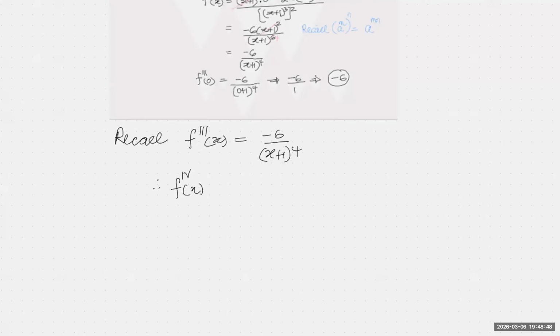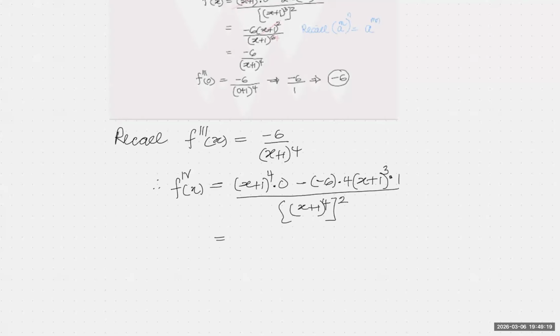So f to the 4th of x is the denominator times the differentiation of the numerator, minus the numerator, our -6, times the differentiation of the denominator, times 4 times x plus 1 to the 3rd times the differential of the inside, which is 1, all over the denominator squared, x plus 1 to the 4th, and that is going to be squared. So all of this here goes to 0, and then I'm going to have 6 times 4 is 24.